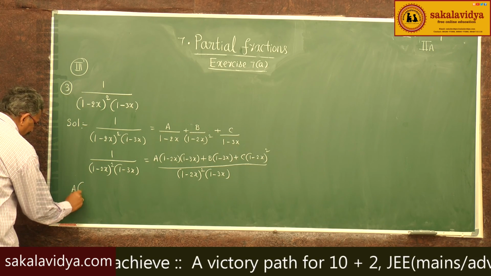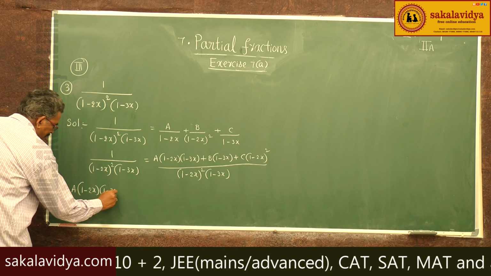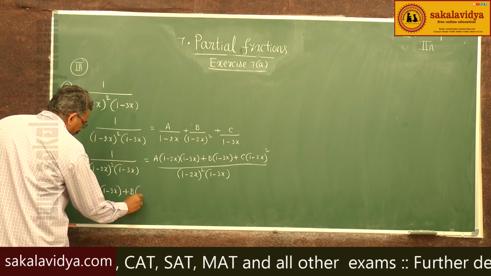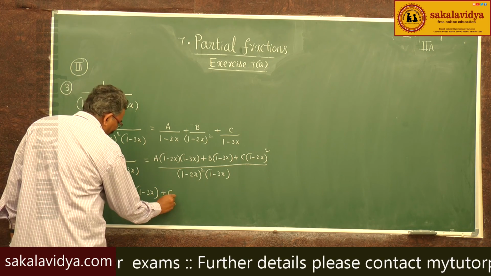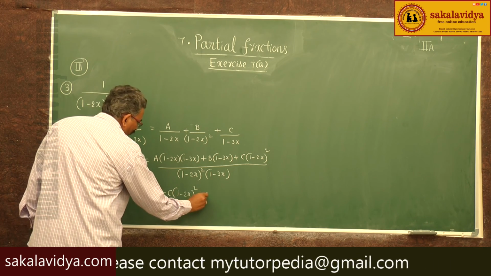So a of (1 minus 2x) into (1 minus 3x) plus b of (1 minus 3x) plus c of (1 minus 2x) whole square equals 1.